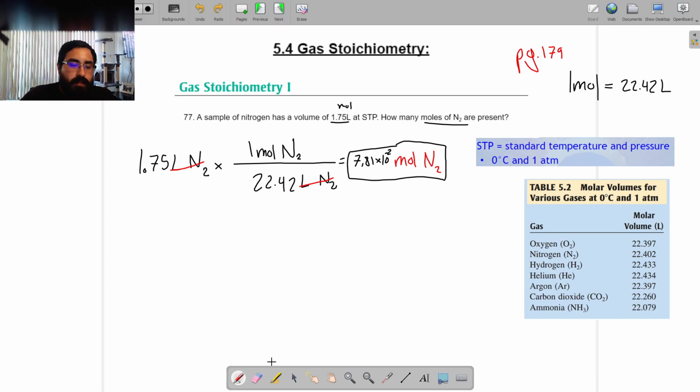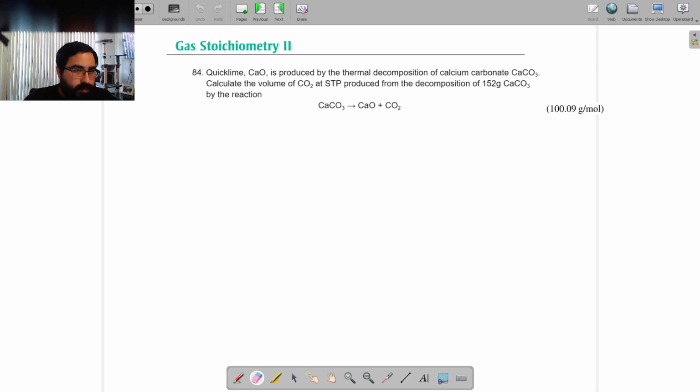The next type of example takes it a little step further. We no longer talk about moles, but we start off with grams. All right, so let's check this out. Quicklime, calcium oxide, is produced by the thermal decomposition of calcium carbonate. Calculate the volume of CO2 at STP. STP is a very, very important term, standard temperature and pressure.